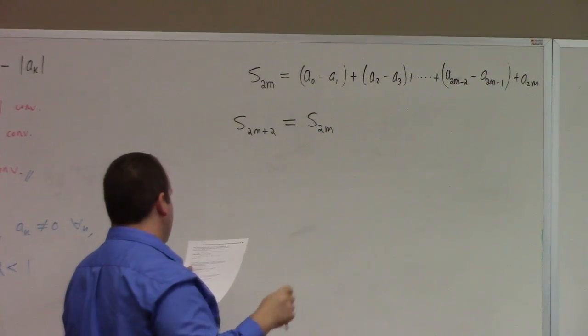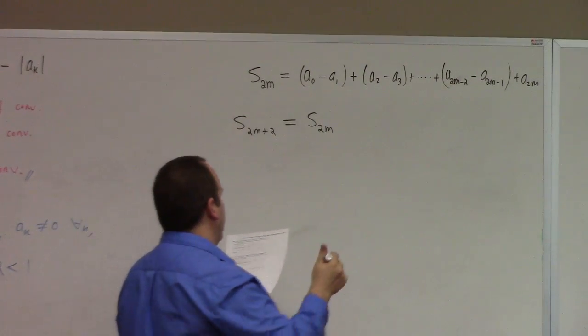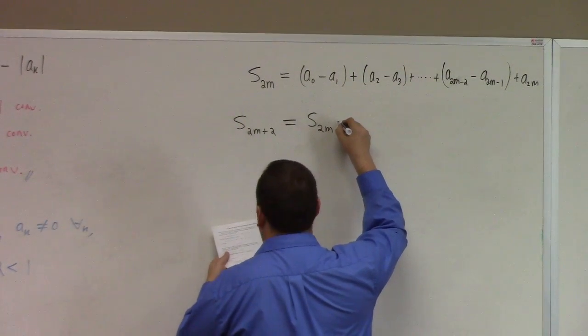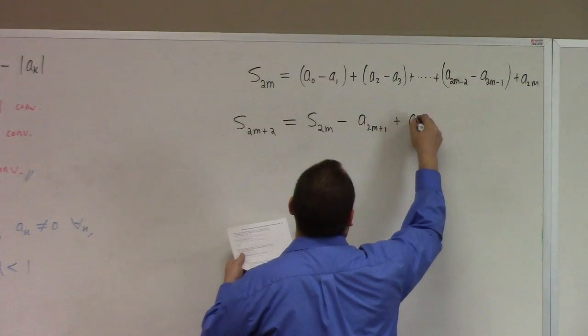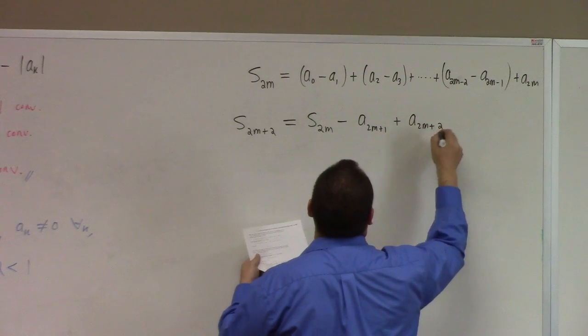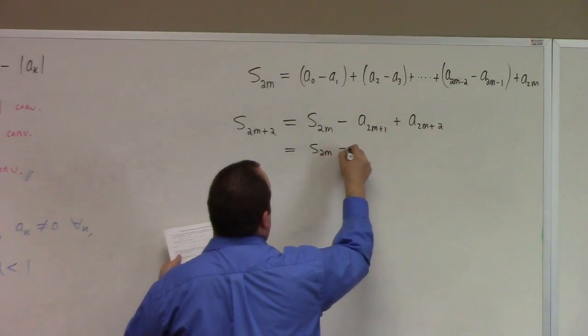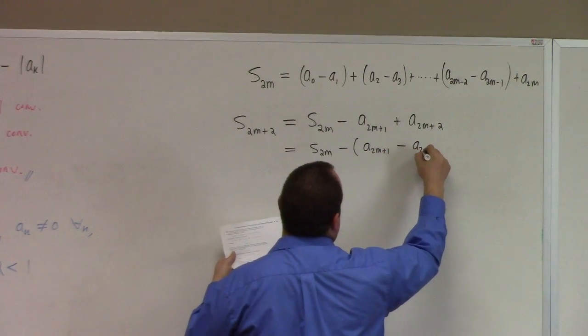Right, we have to add the next two terms in the series. So he writes it as, I would say, minus a sub 2m plus 1 plus a sub 2m plus 2, right? But he just rewrites that in a slightly more suggestive way as s sub 2m minus parentheses a sub 2m plus 1 minus a sub 2m plus 2.